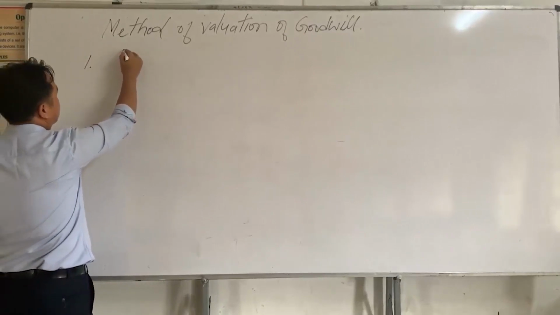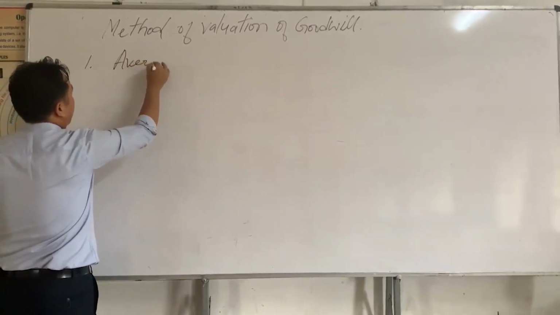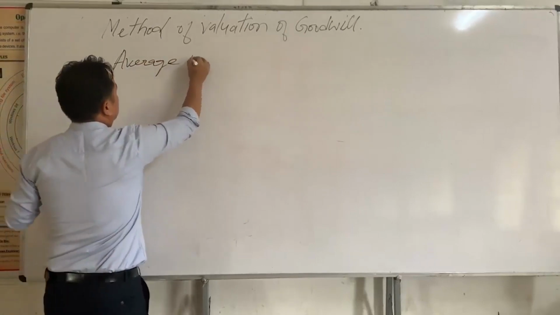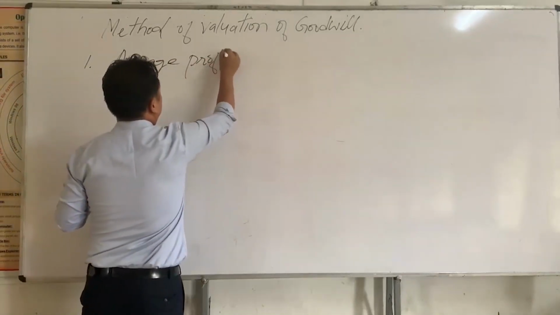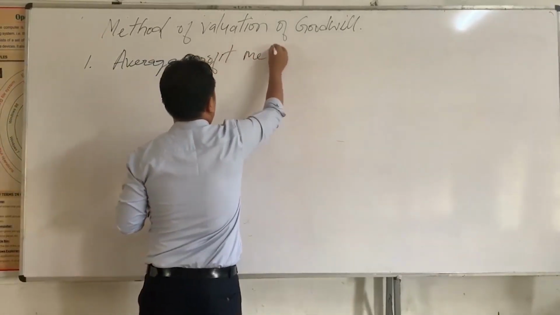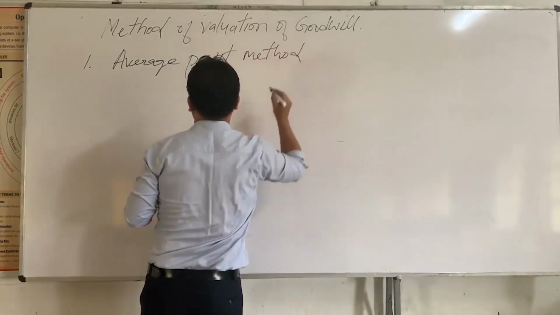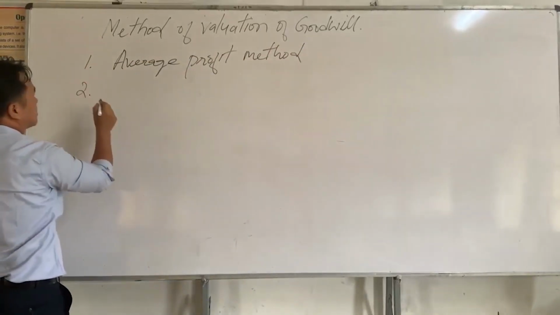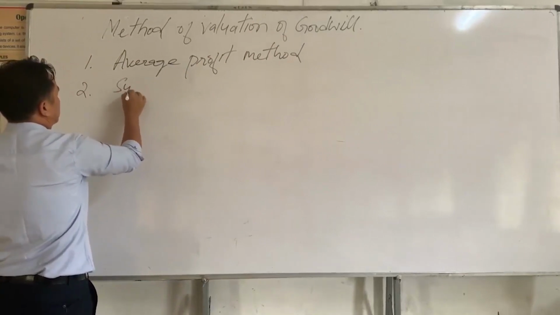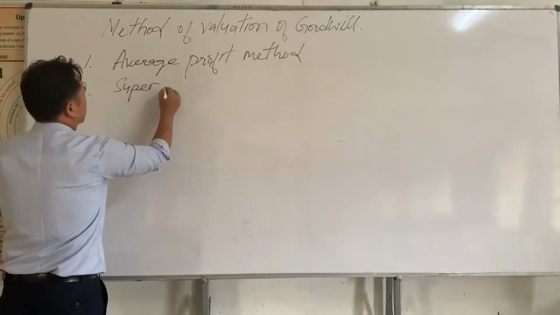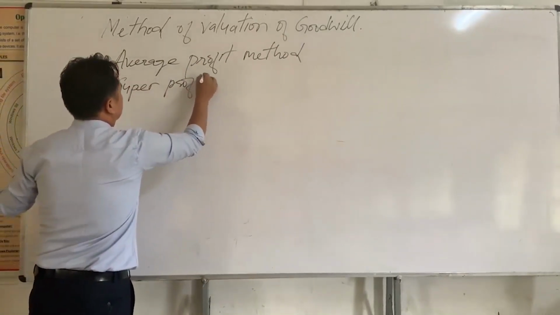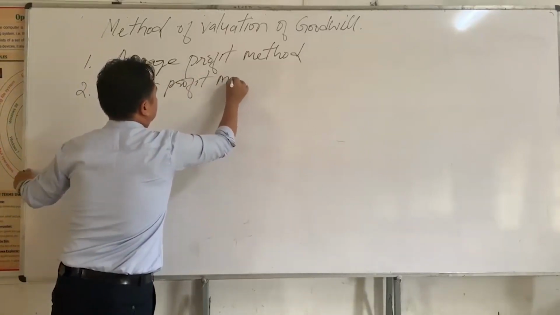The first one is average profit method. Next, super profit method.